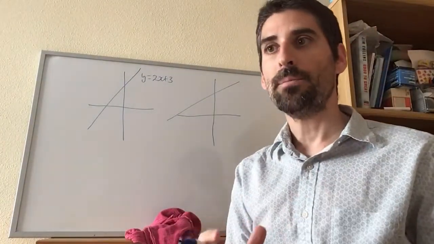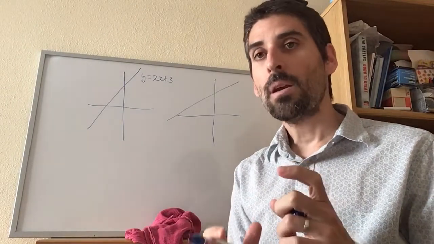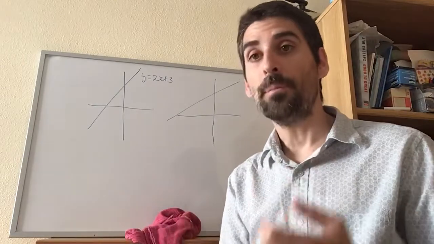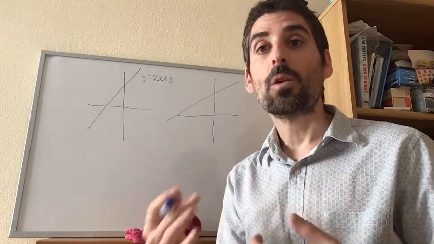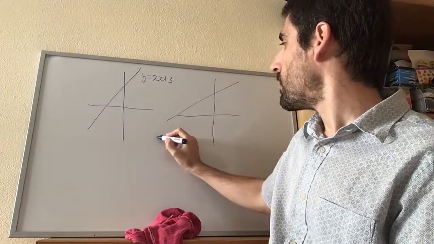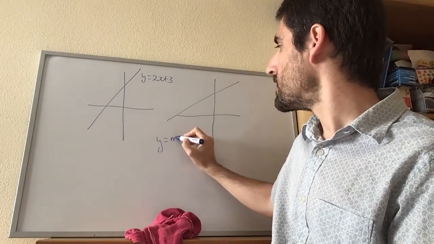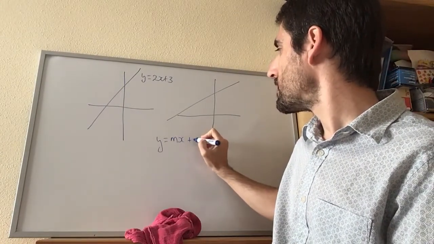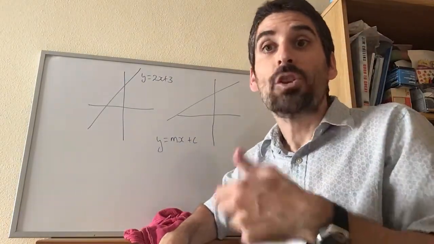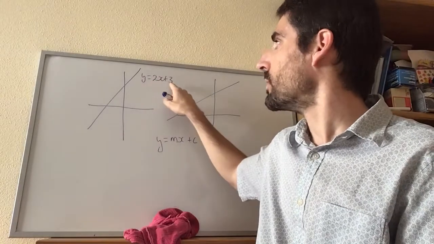So here it is. In general, not always, but for now, in general, the equation of a line is going to look like y equals mx plus c, where m and c are actually going to be numbers like 2 and 3.